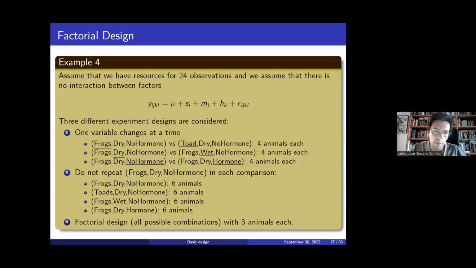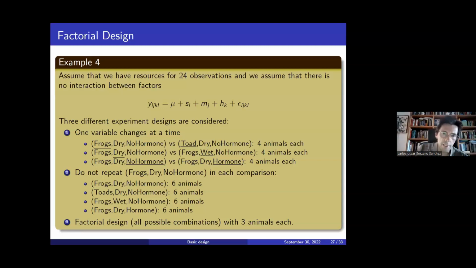You could have, okay, this group, the control group, is using 12 animals. Okay, I will use only 6, and the other 6 remaining I will distribute in these other groups. So now in total I still have 24 animals, but now the structure of the experiment is different.